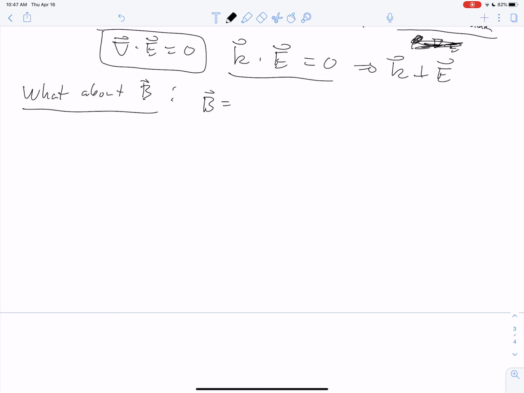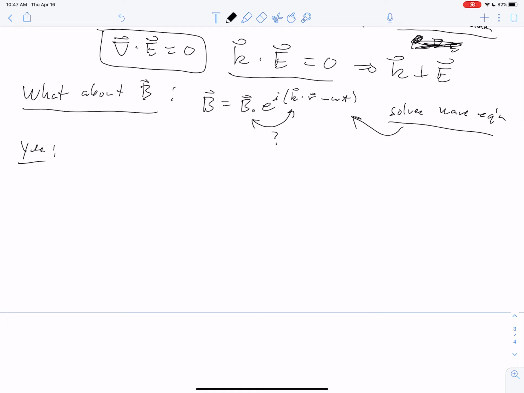So the B field part of an electromagnetic wave is also a solution to the wave equation. But what's the constraint between B and k? Is there a constraint? The answer is yes, there is a constraint. And that constraint, of course, comes from Maxwell's equations.